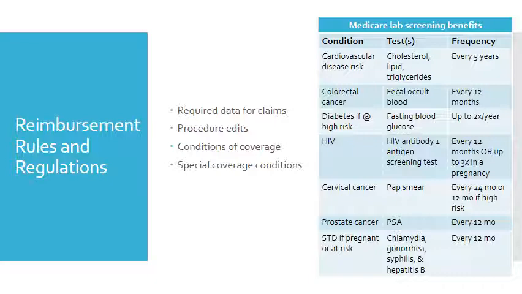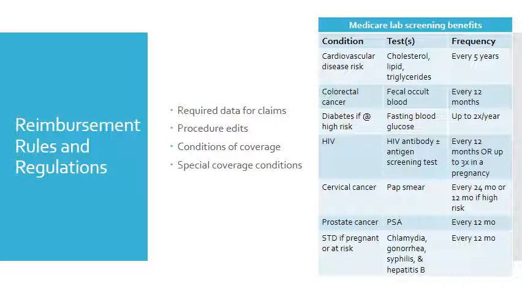So what kind of lab test is this? Place of service, the actual service provided, that's the CPT code, and the diagnosis code. Those things are all required before a claim can be considered complete, before it can be considered for reimbursement. They won't even look at it until all that information is provided.